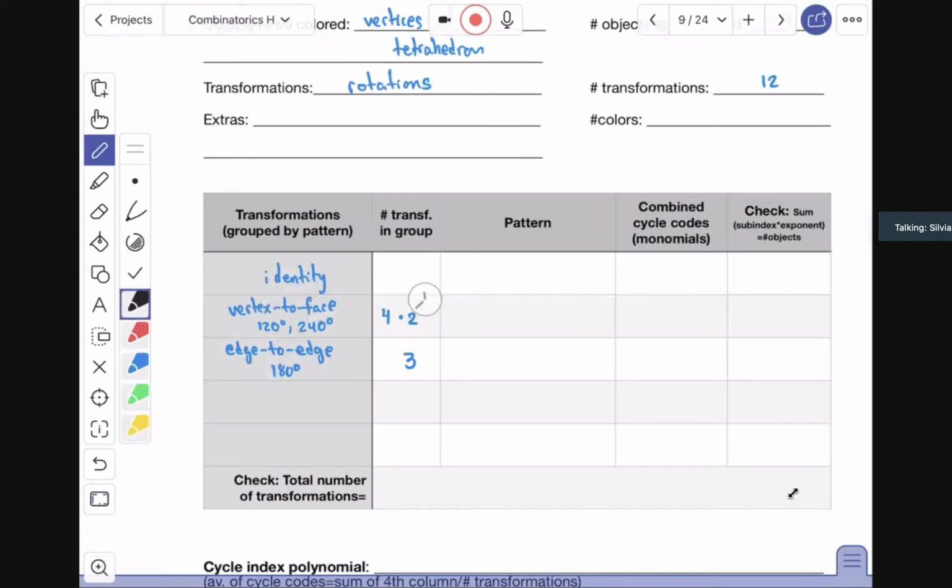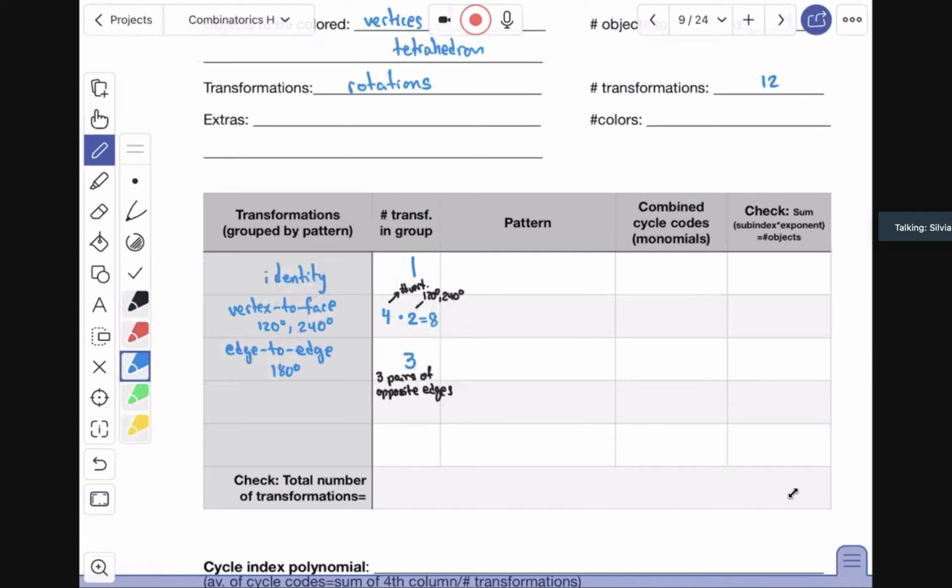So this is 120 degrees and 240 degrees. That's why I'm multiplying times 2. And this is 1 per vertex. Make sense? So I have 8 of them. I have 3 for the edge to edge. So this is 3 pairs of opposite edges. That's my 3. And then the identity is only 1.